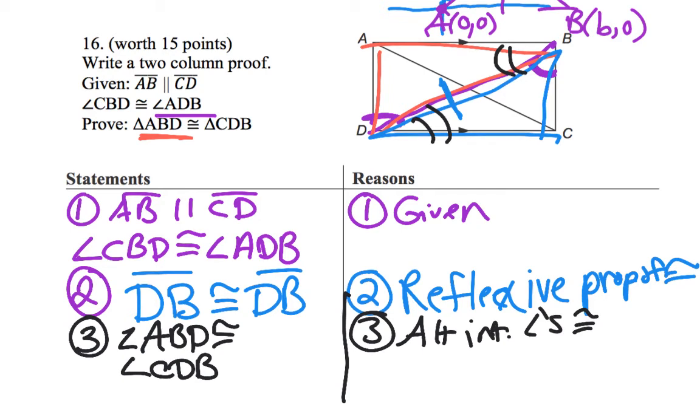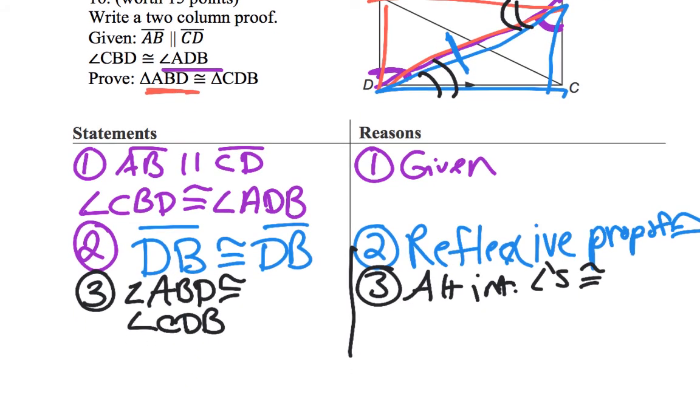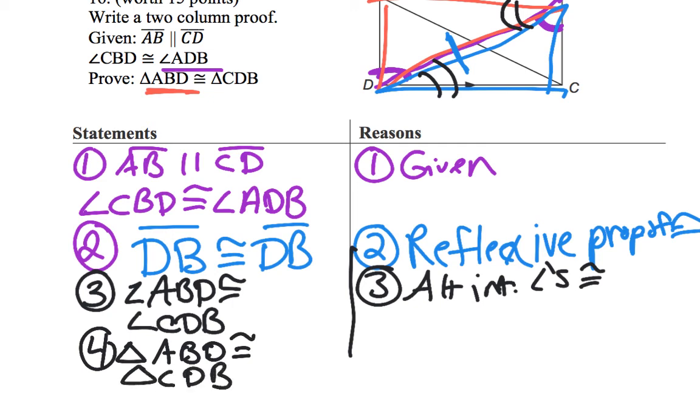And then I have 3 parts marked on each one, so I can say that my triangles are congruent. So triangle ABD is congruent to triangle CDB. What do we have marked in the order? I have marked angle, side, angle. So my reason for number 4 is angle, side, angle.